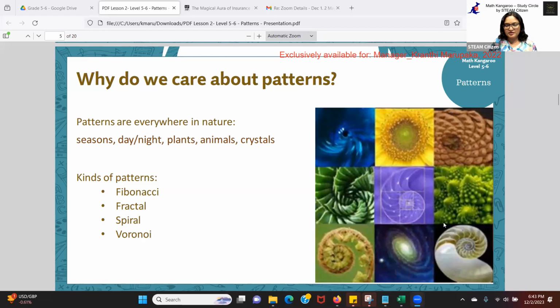Priya, did you have anything to add? I just wanted to say we see patterns without even thinking about it. It's like how we use math without thinking about it, or there's forces that we're applying that we don't even think about. Like right now I'm sitting in a chair, so I'm applying normal force, I'm applying applied force when I'm pushing a pencil, and I'm technically still on Earth because of gravity.